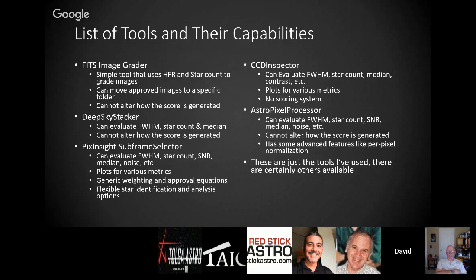Now they're proponents of HFR over full width half max, right? Yes. So the proposition is that half flux radius is more stable to seeing effects than full width half maximum, which is generally true. Okay. So for evaluating data that's coming in from your tool, definitely it's better.